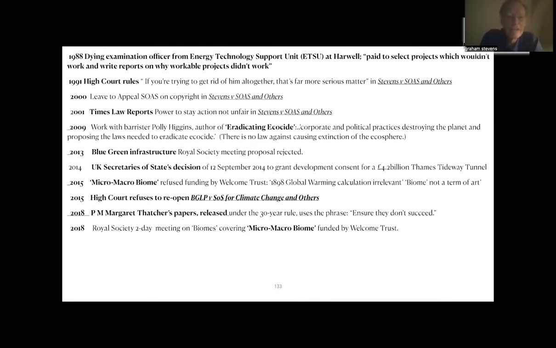And then we have the 2014 Secretary of State's decision for granting development consent to the 4 billion Thames Tideway Tunnel, which we then argued in 2015 is against the Climate Change Act.